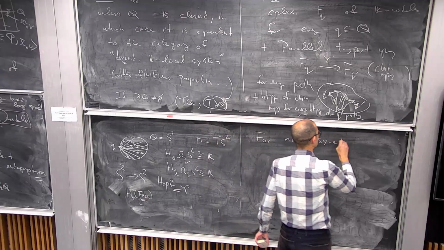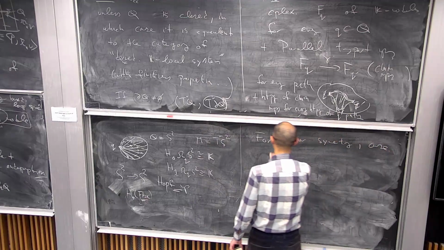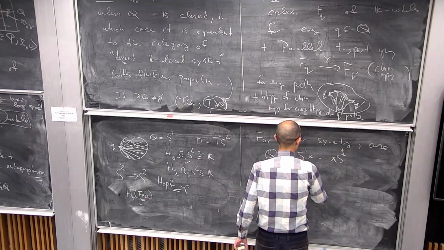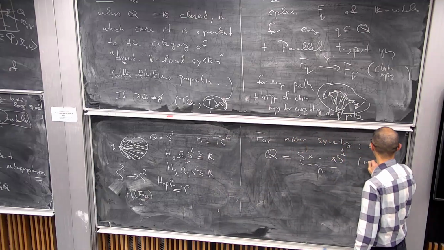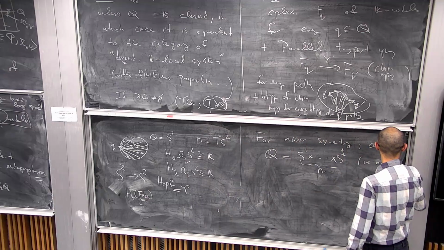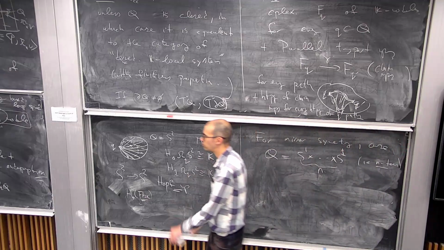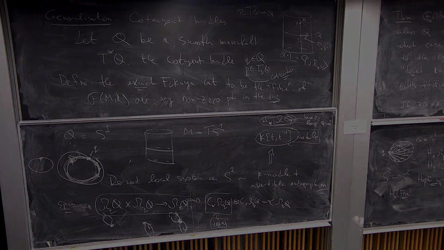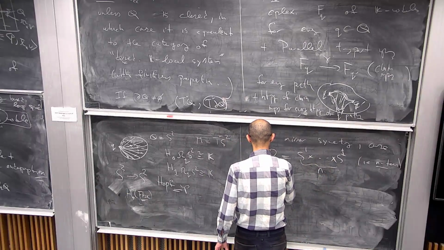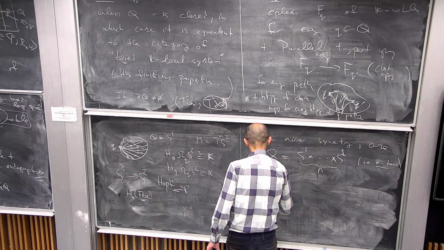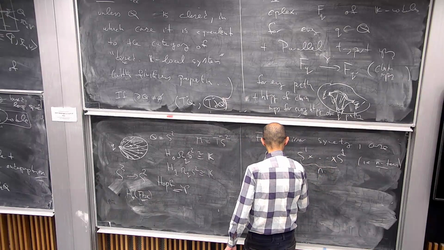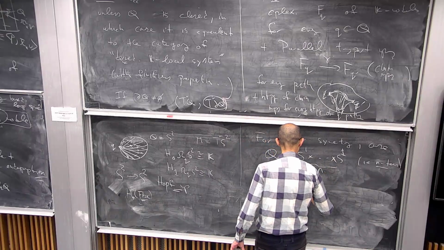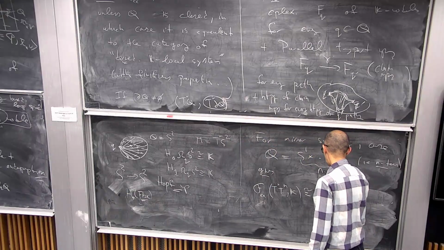The case where Q is S1 times S1, n times, the torus, is some kind of 0th order thing that we have to understand, and it works out very well. It gives that the exact Fukaya category of T star of the torus is the same as some kind of modules.